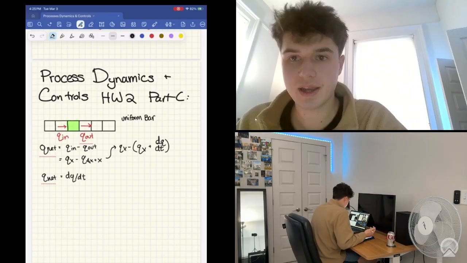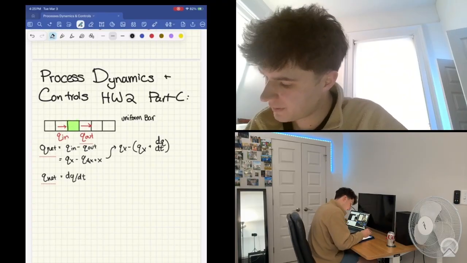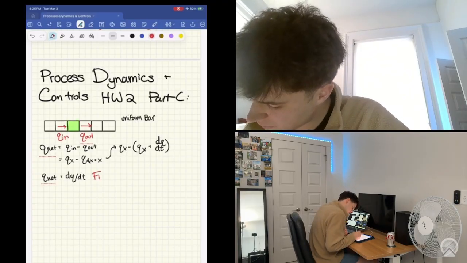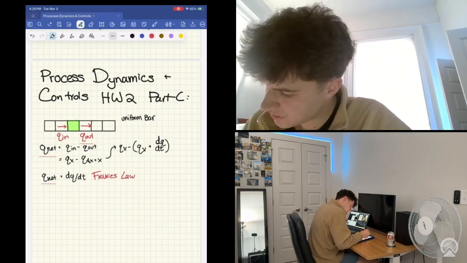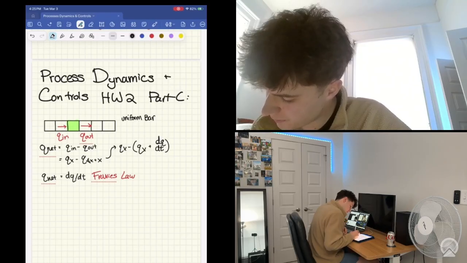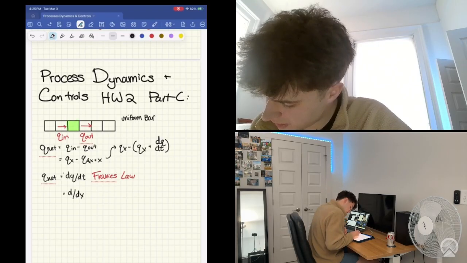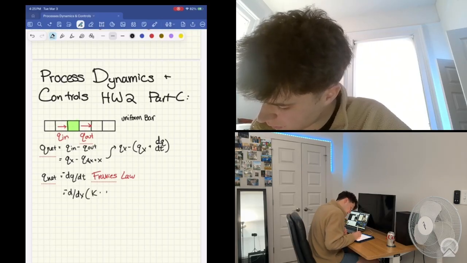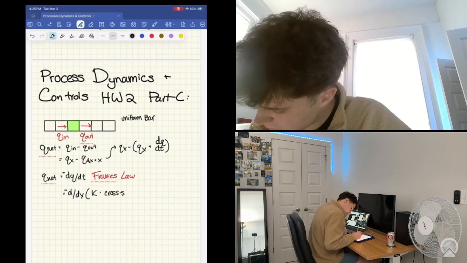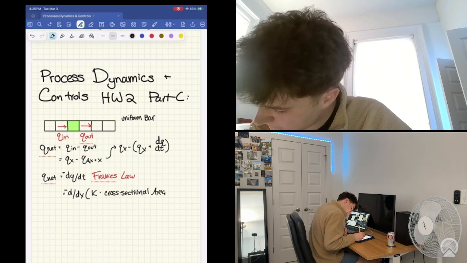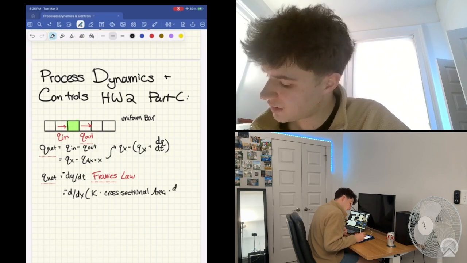Now you might think, okay, this is as far as we can go, but as we have learned in previous classes, Fourier's law allows us to rewrite this in the form equals d/dx, this is negative, I'm sorry, times k times our cross-sectional area times dT over dx.